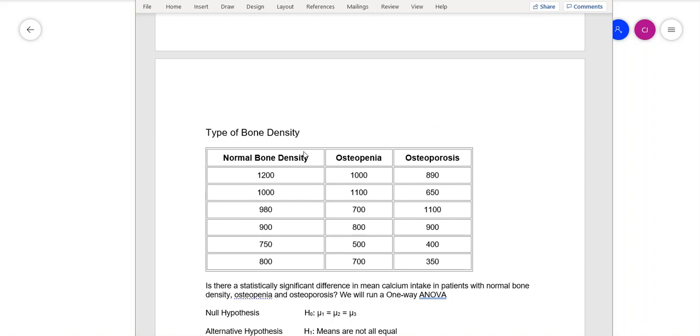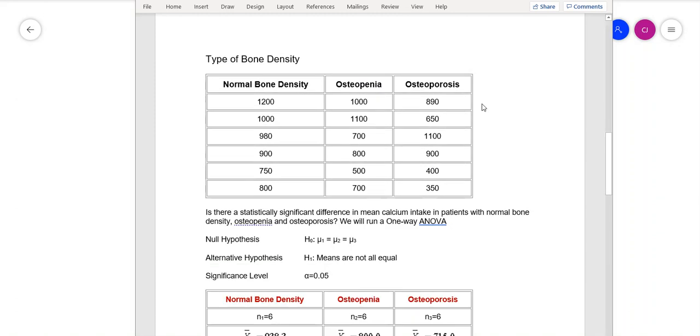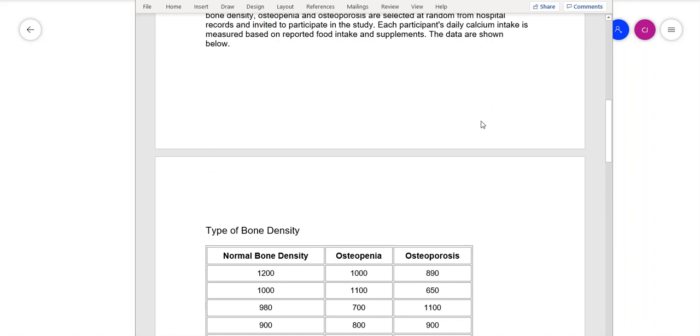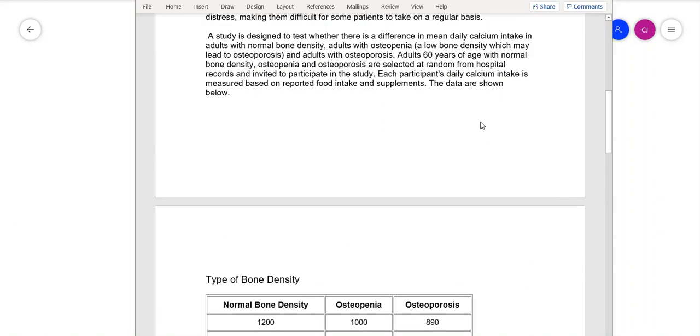Normal bone density has been defined by the medical community. These things are all well defined, separate groups, so we would know who goes in where, and there wouldn't be any argument, or at least there shouldn't be, in your grouping.